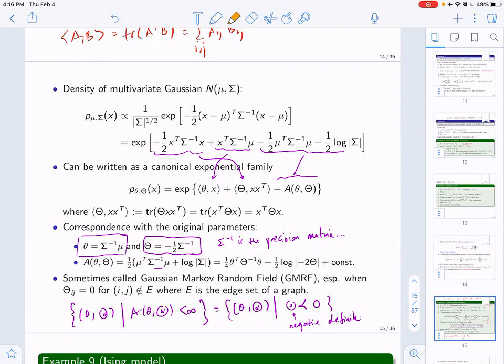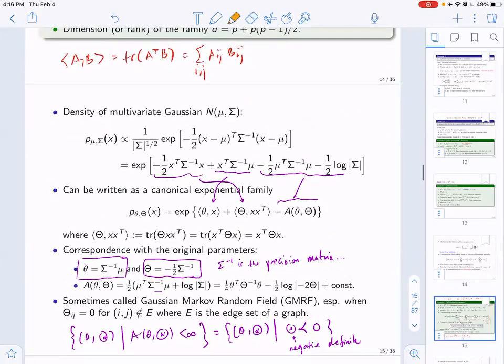So this is a nice example, and I want to say a few more words about this.